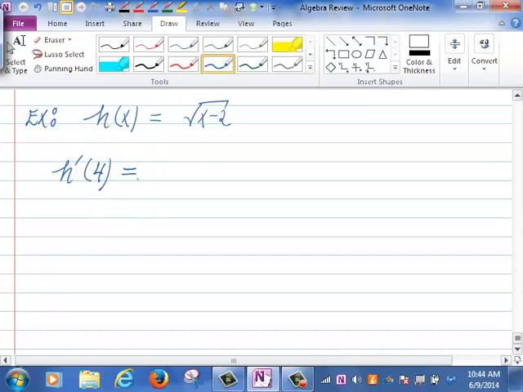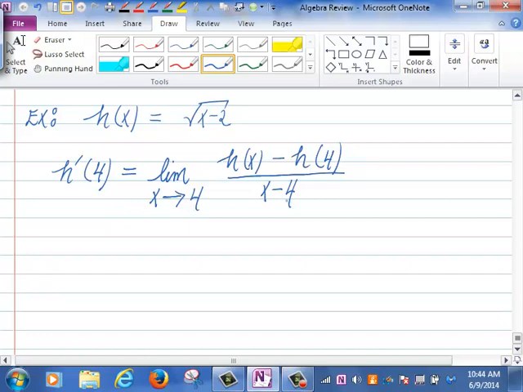All right, so here's the limit. This time I'm not going to use the second one. Let's use the first one. So let's say x going to 4 of h of x minus h of 4, right? Divided by what? x minus 4, right?